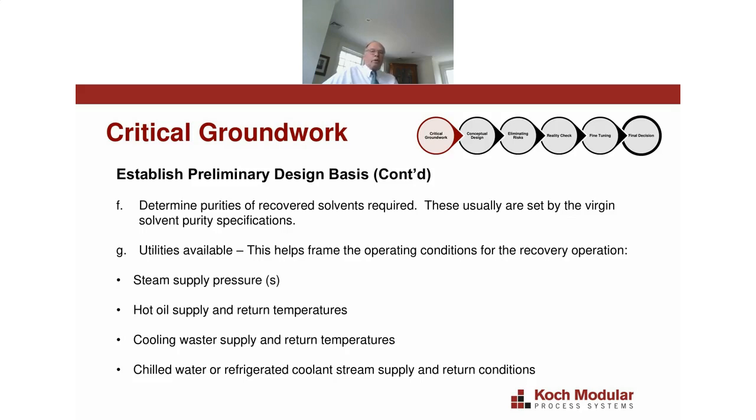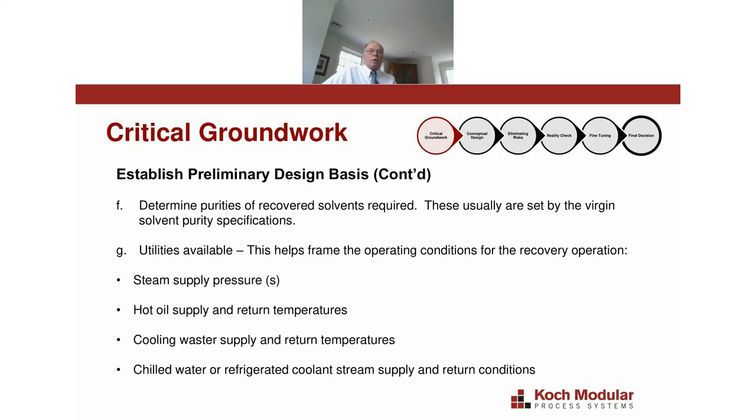Okay. You also need to know, in addition to the feed flow rate composition and recovered product composition, what utilities are available to heat and cool the process. Most of the processes involve some form of distillation where energy has to be put in, and then that energy has to be taken back out into a heat sink.